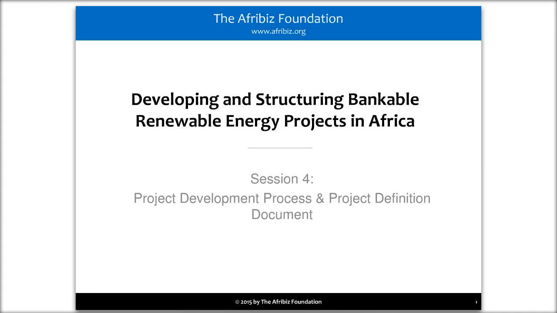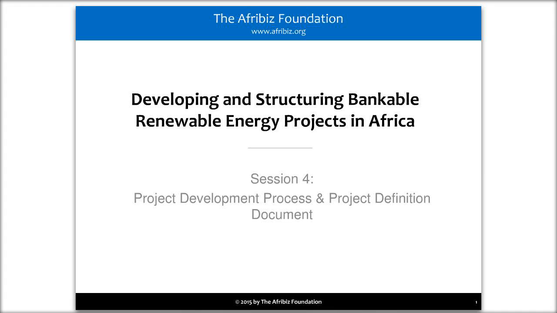Today we're moving from looking at the different factors related to pulling together a project to looking at the process and the first document that you have to pull together, which is the project definition document.